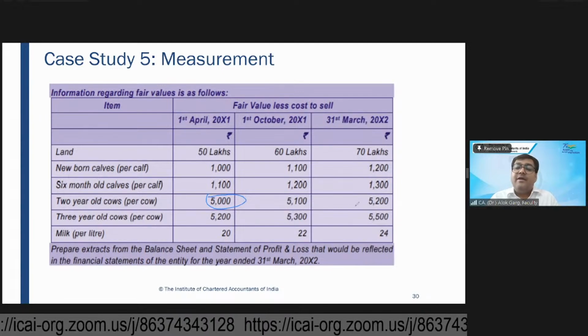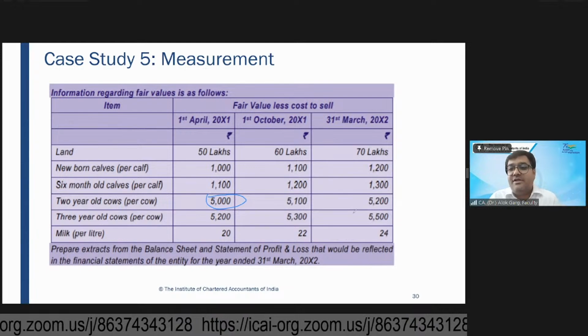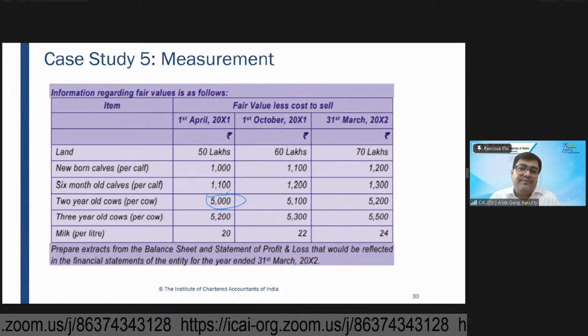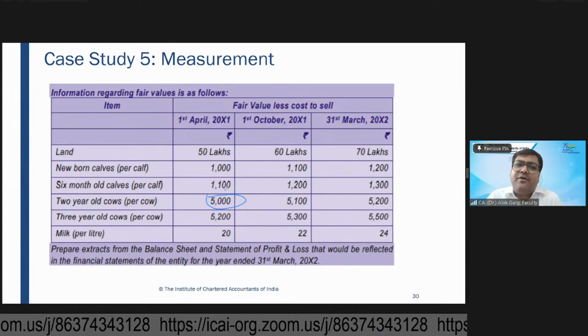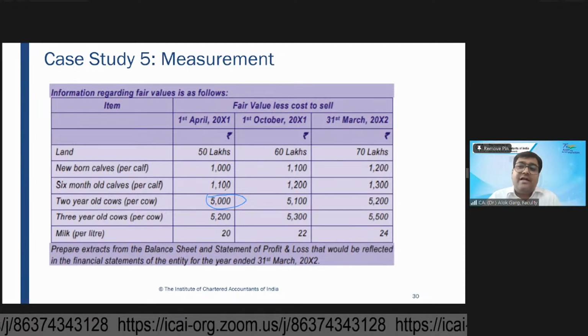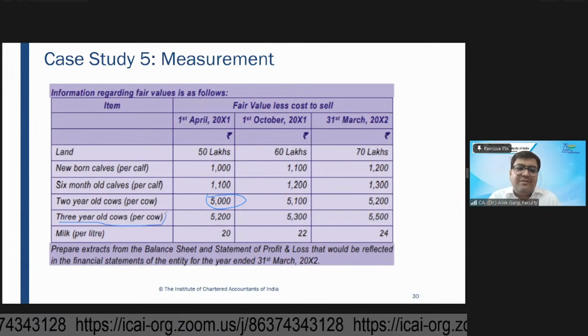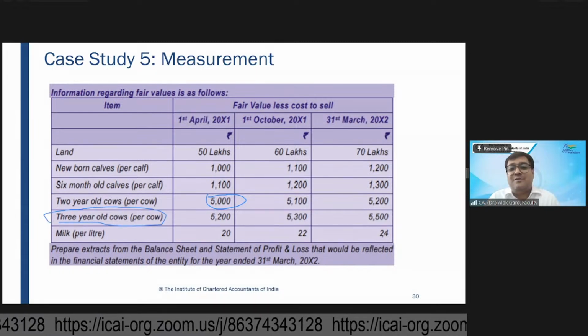Now we have to remeasure these cows on the reporting date, which is 31st March 20x2. On 31st March 20x2, this cow has become 3 years old, right or wrong? And that is why the 3-year-old cow's fair value is also given.